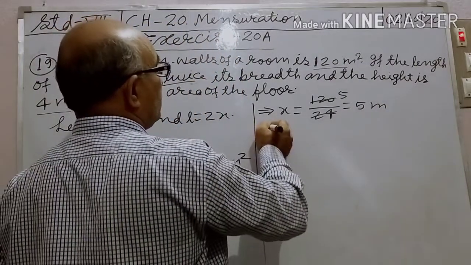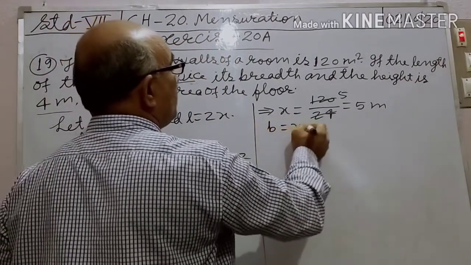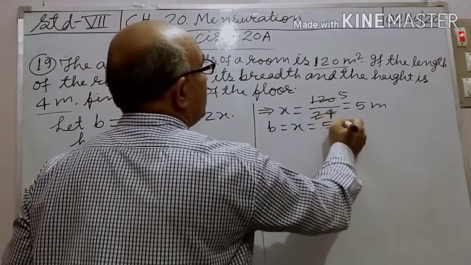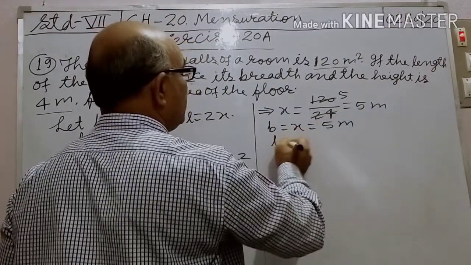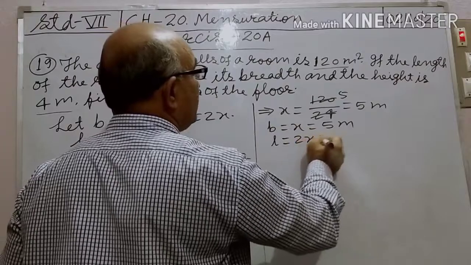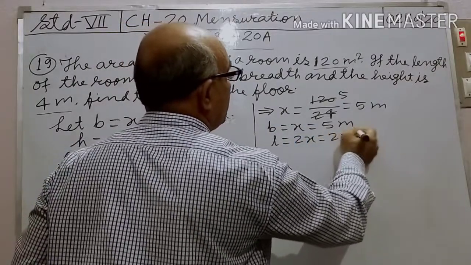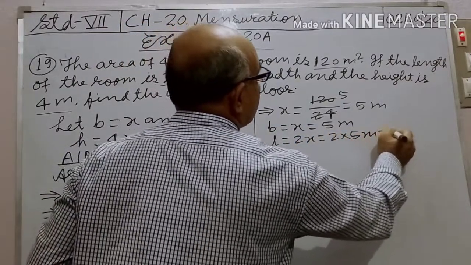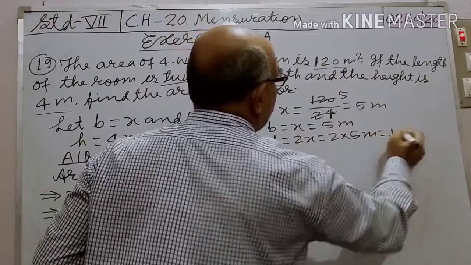Now breadth equal to x equal to 5 meter. Length equal to 2x, 2 into 5 meter equal to 10 meter.